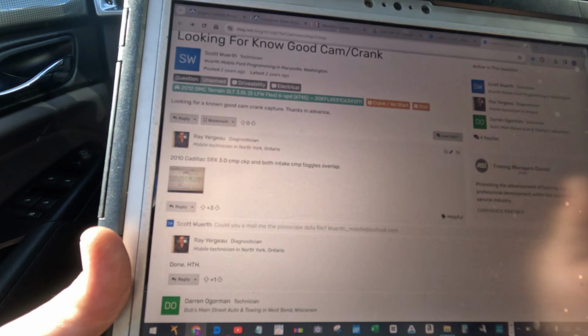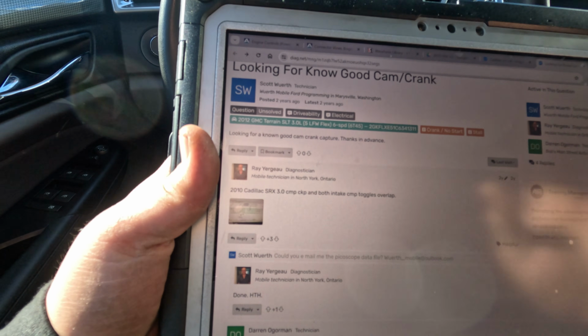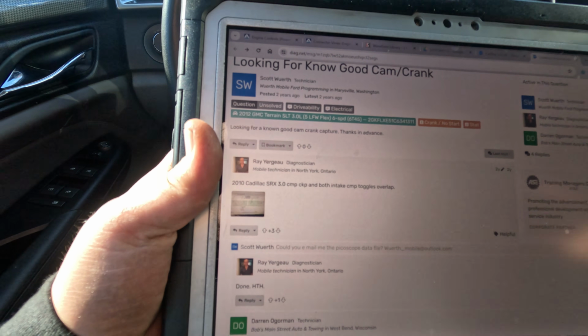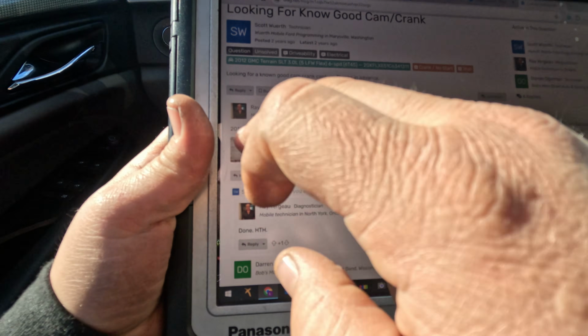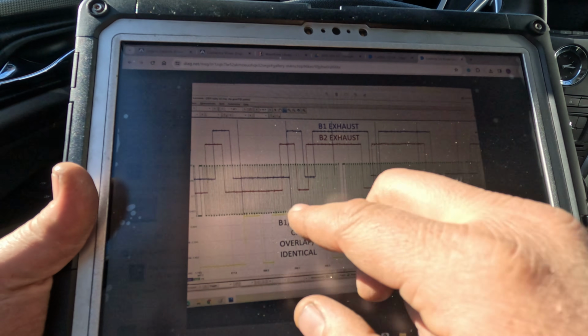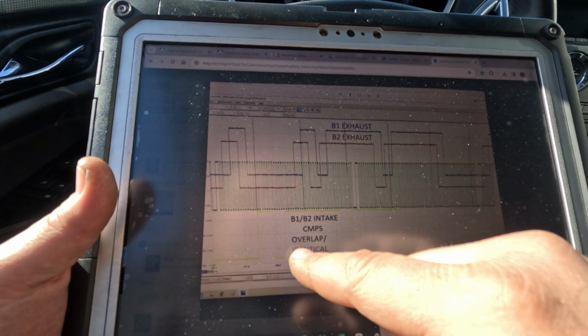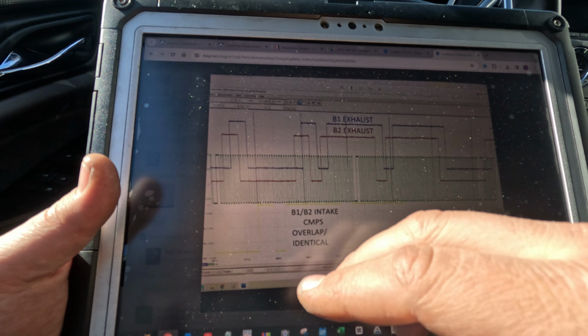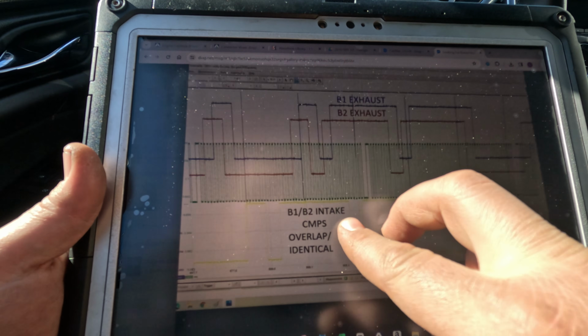There's someone by the name of Ray who literally has a diagram, I mean, a known good for any car you want and any issue. So thank you, Ray. And he's always the first to respond. Okay, so he has over here the bank 1 exhaust and the bank 2 exhaust on the cam, on the crank, and then he has the bank 1 and bank 2 intakes. They overlap perfectly. They're supposed to, at least. And that comes out over here.